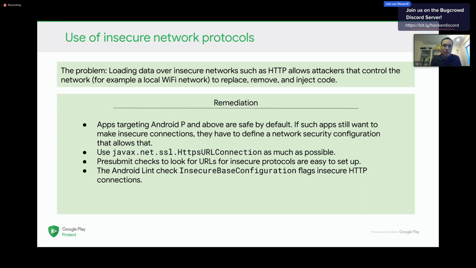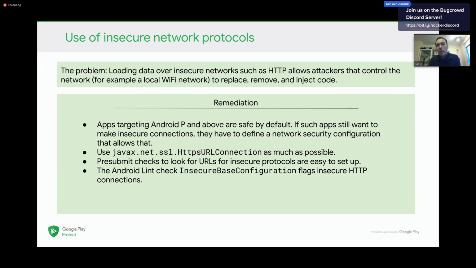Remediation, obviously: since Android P, you're fairly safe by default, but if you want to make insecure connections, you have to introduce this network security configuration file that I just mentioned. I just linked the documentation on the previous slide. There's the javax.net.ssl HttpsURLConnection.